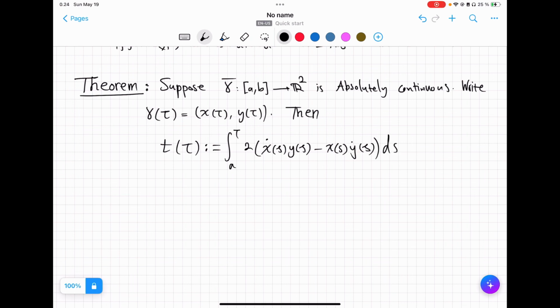Then the claim is that this defines an absolutely continuous function.